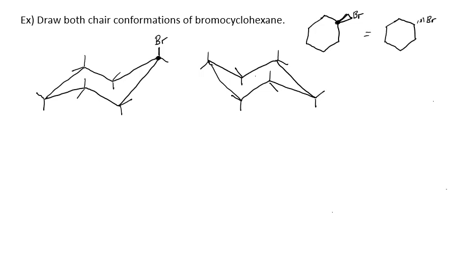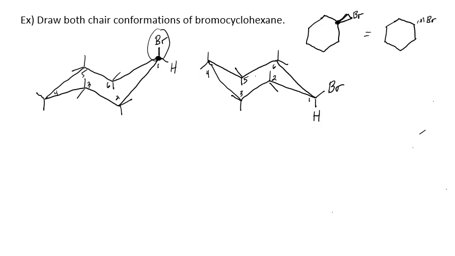Okay, and remember, let's look at our carbon that has the bromine. That's carbon 1, 2, 3, 4, 5, 6. This is carbon 1, carbon 2, carbon 3, carbon 4, carbon 5, and carbon 6. So where do I put the bromine? Because the bromine is on the top face of the ring versus the bottom face, see in the bottom face I have a hydrogen here. We're going to keep our bromine on carbon 1 on the top face.